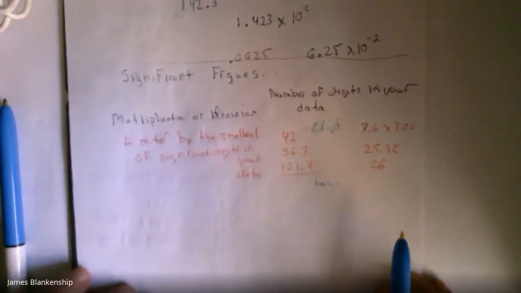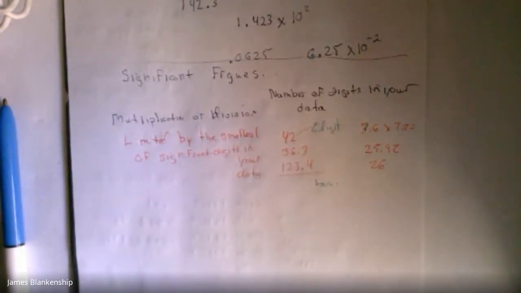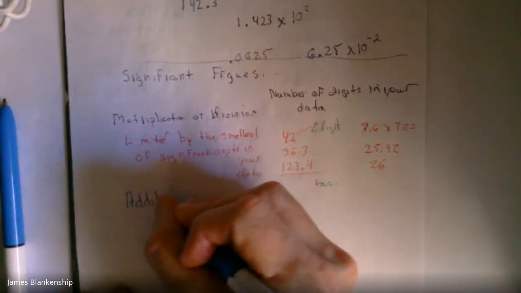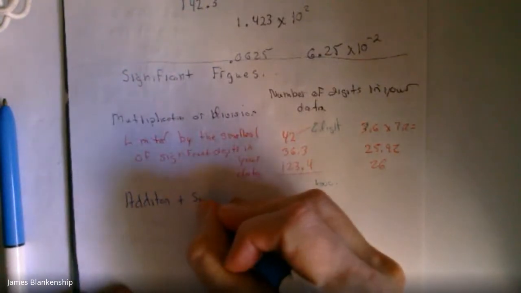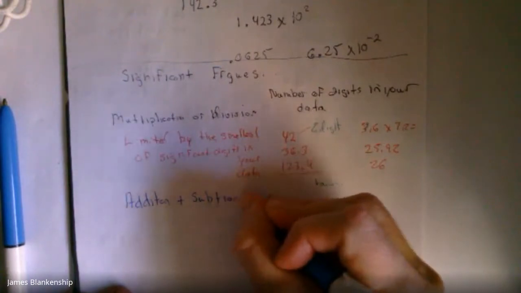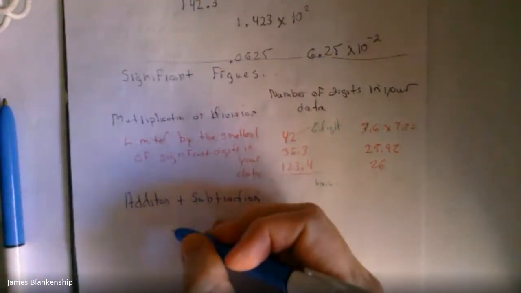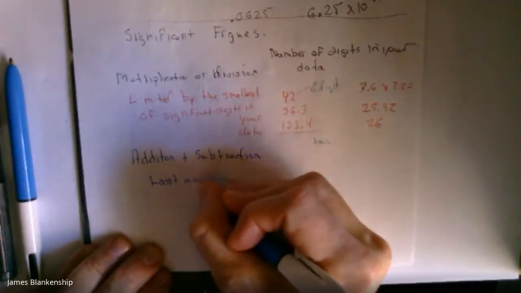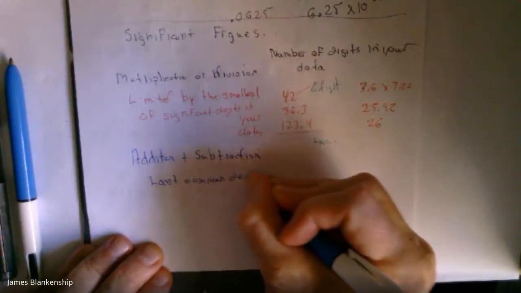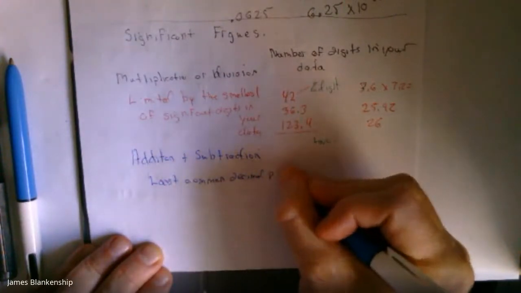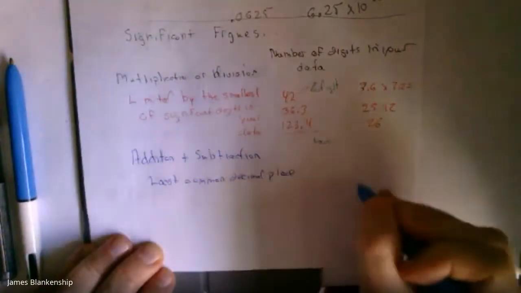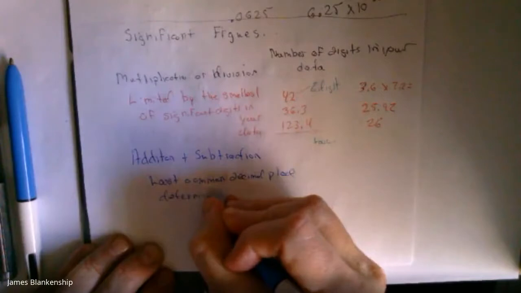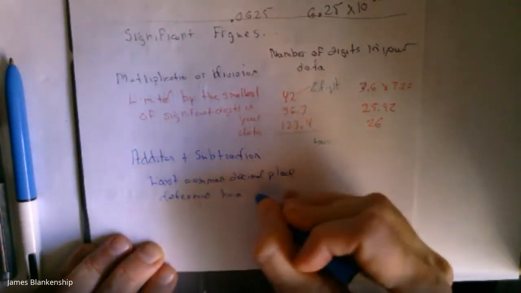Now, the one that bothers me more is addition and subtraction. For addition and subtraction, we are looking at our last common decimal place. Your last common decimal place determines how many digits.